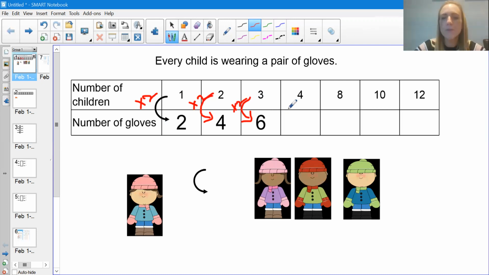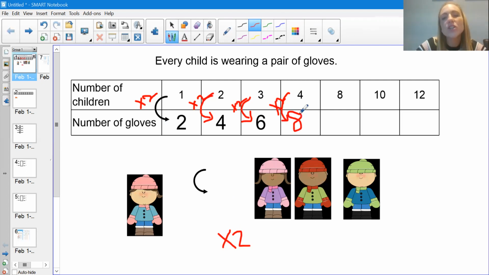Let's see if it works for the number 4 then. So this time I'm going to do 4 and I'm going to be timesing it by 2. I'm going to use my rule and my rule is times 2. And 4 times 2 is 8.